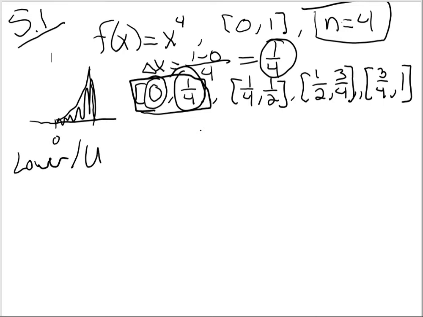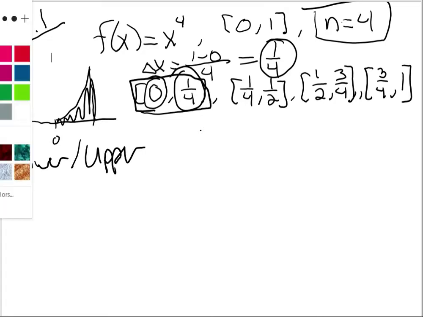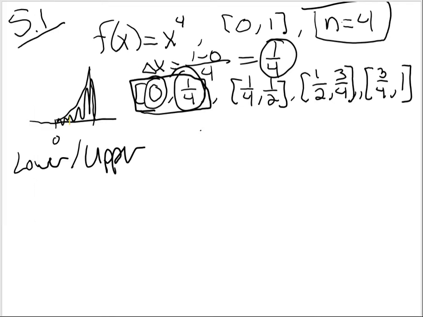The idea with a lower sum and an upper sum: let's start with one of these little intervals. Let's just pretend this x value is one of the intervals. On the y, that will correspond to this part. So if we draw it down here, we have this thing, and we want to find that area.